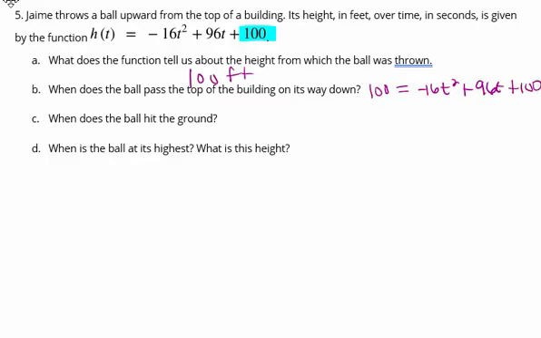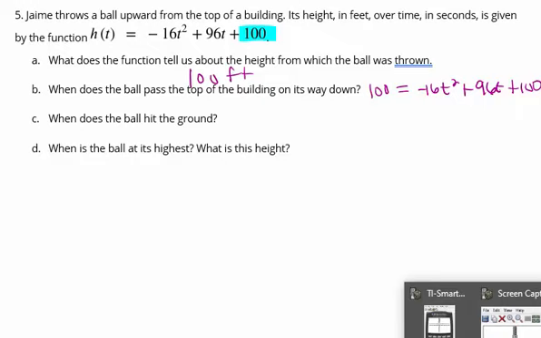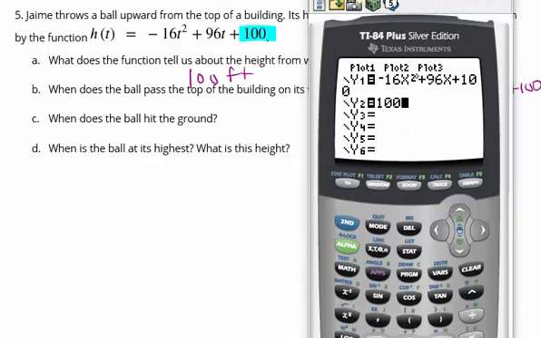And we want to solve this equation for t. Although technically this is possible to solve by hand, you could end up factoring. But why don't we go to the graph, because we'll probably need the graph to answer some of our other parts of the question. So I've entered the given function in y1 and 100 in y2.